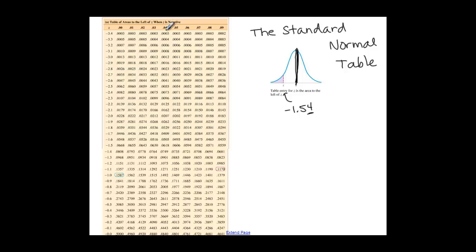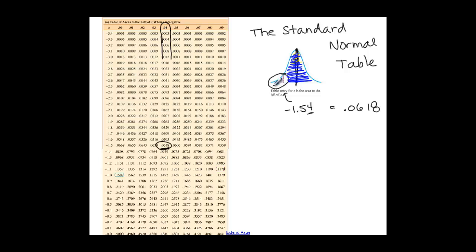You notice that this column would include the 0.04. So let's go back down to negative 1.54. The area under this part of the curve would be 0.0618.